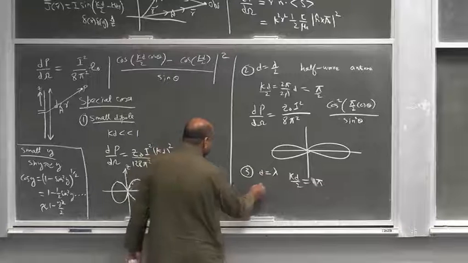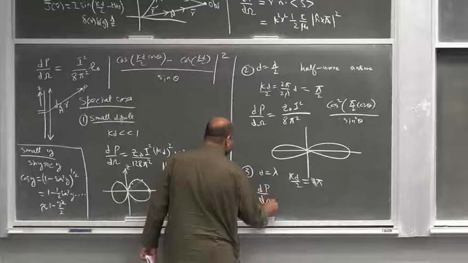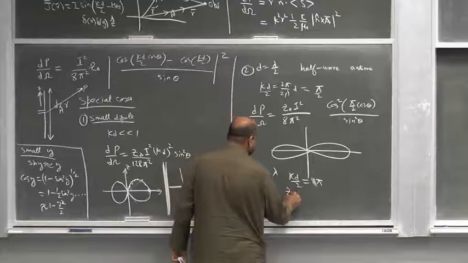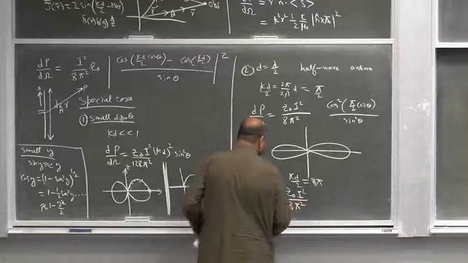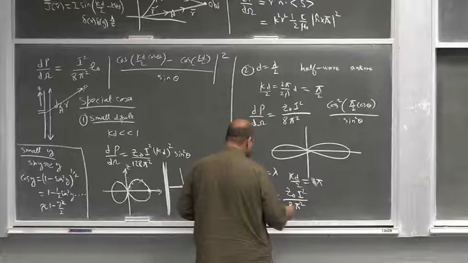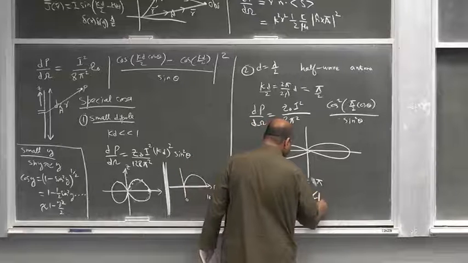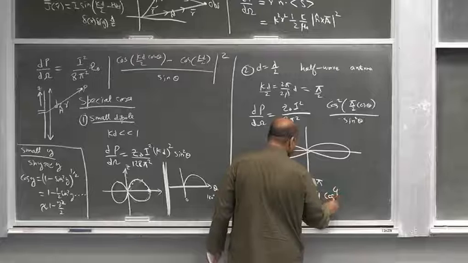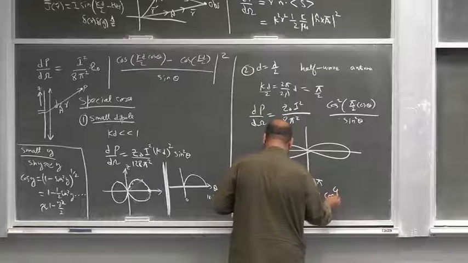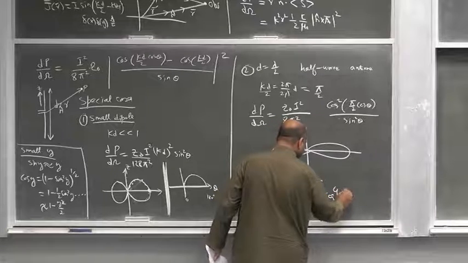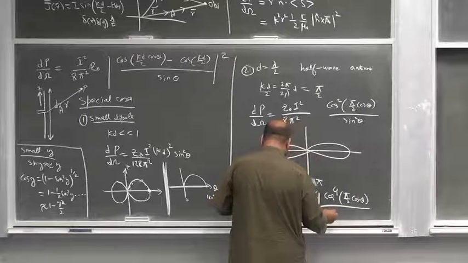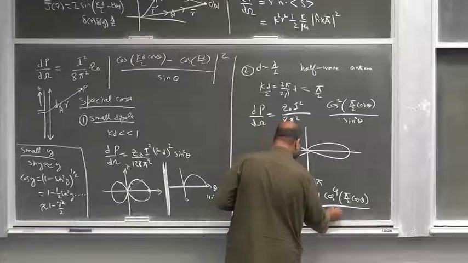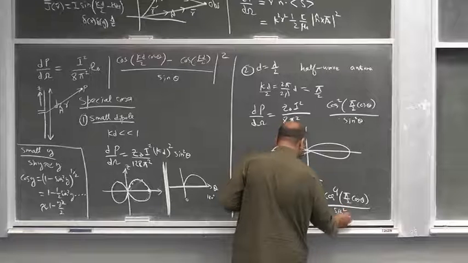And then this function is four cosine power 4 pi by 2 cosine theta over sine square theta.